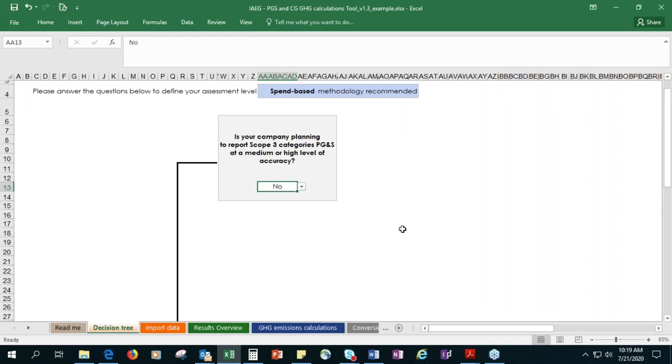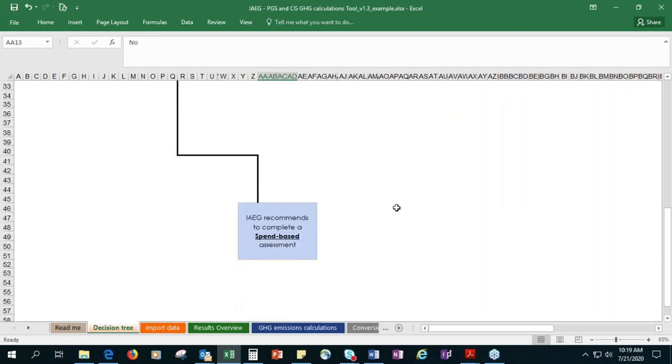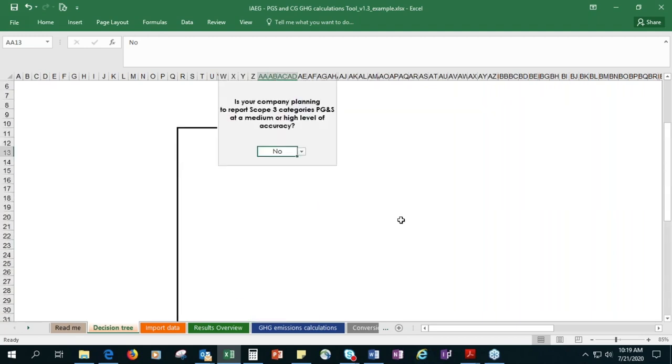This tree helps the reporting individual and reporting company determine what levels of input are best suited to the levels of data that they have access to. It asks if you're planning on reporting at a medium or high level of accuracy. If no, maybe this is my first year and I've only got very preliminary data, that automatically recommends a spend-based approach.